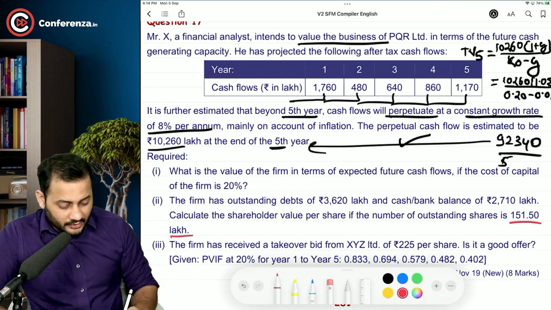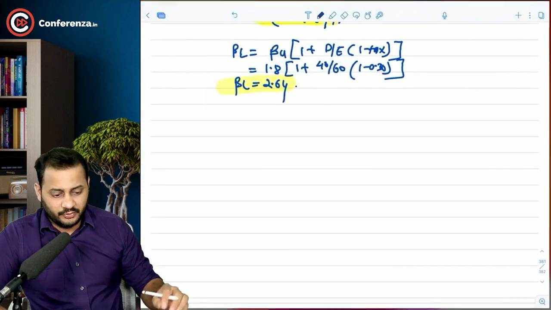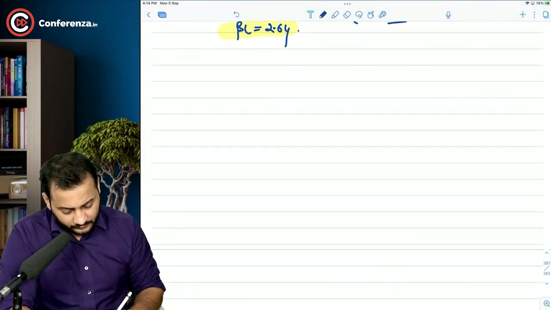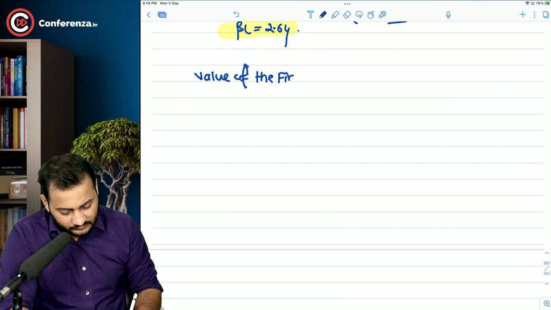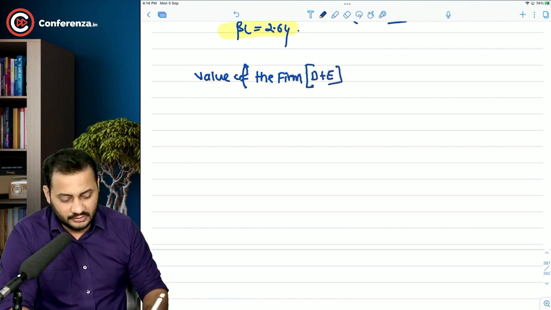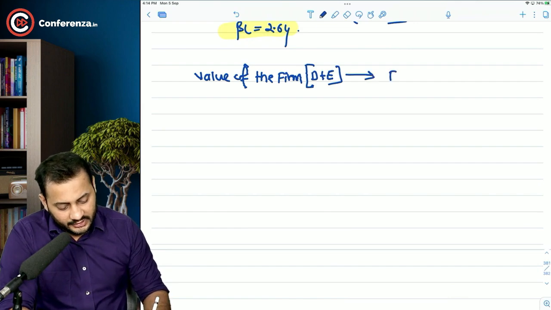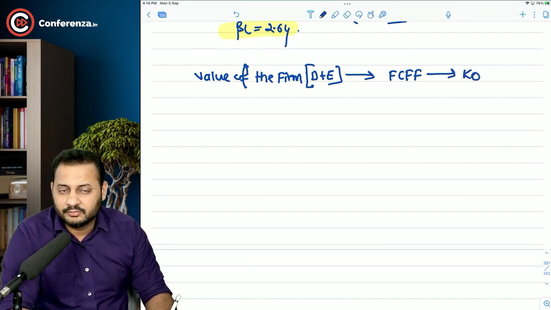See, in this case, it was written we have to calculate the value of the firm. Now you need to understand a few things. Value of the firm means debt plus equity both, calculated using free cash flows to firm and the discount rate of overall cost of capital.